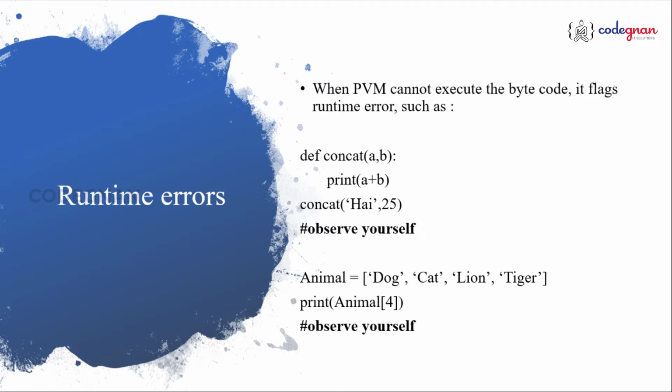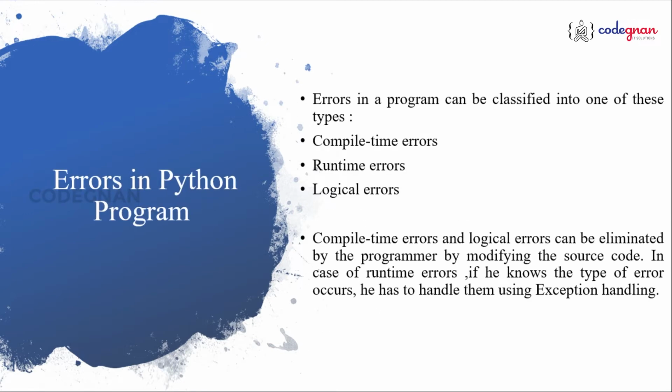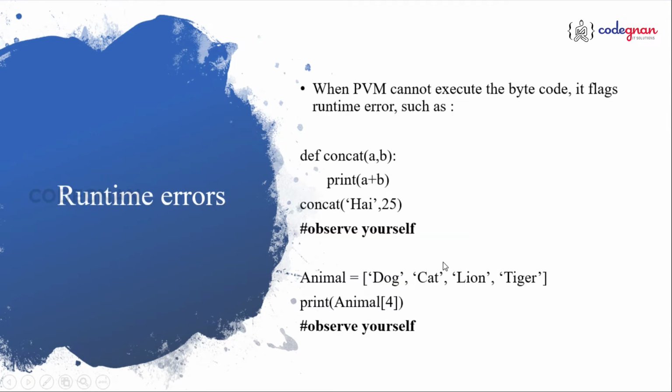If you have an instinct that something will cause errors, give try except blocks. In compile time and logical errors, we modify by checking the source code, because they are not matching the syntax and spaces. Logical errors we'll be discussing now.